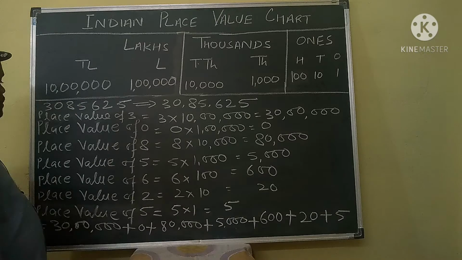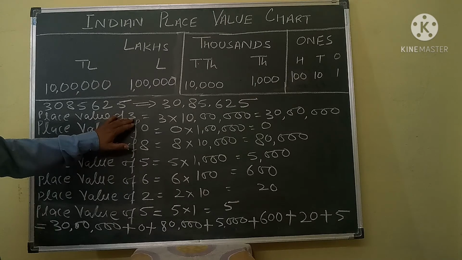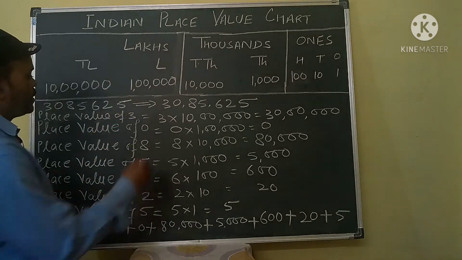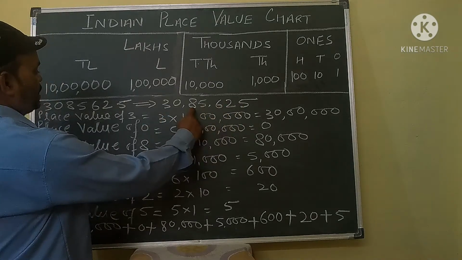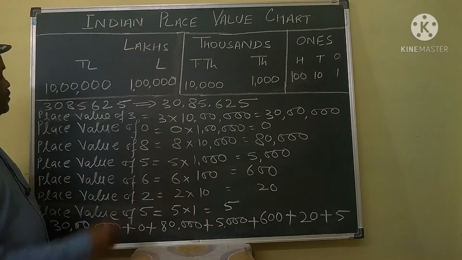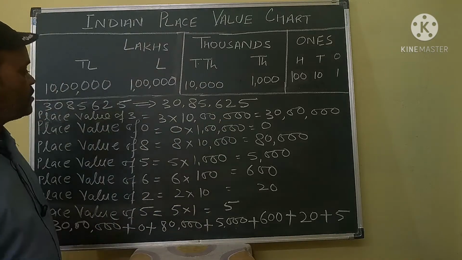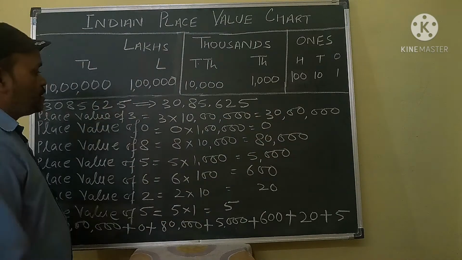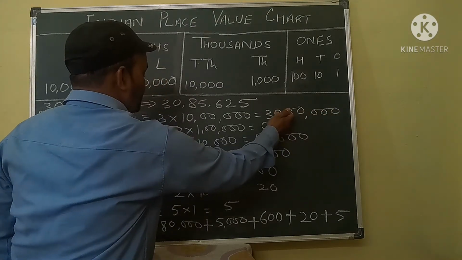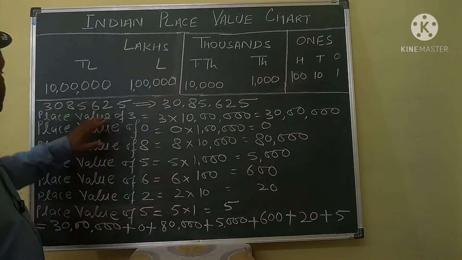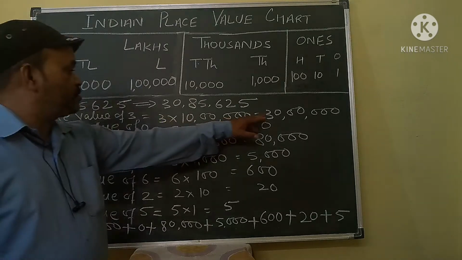Now look here. First we will discuss the place value of 3. 3 is in which place? Ones, tens, 100, 1000, 10,000, lakh, 10 lakh. Place value of 3 is 3 into 10 lakh, which is equal to 30 lakh.